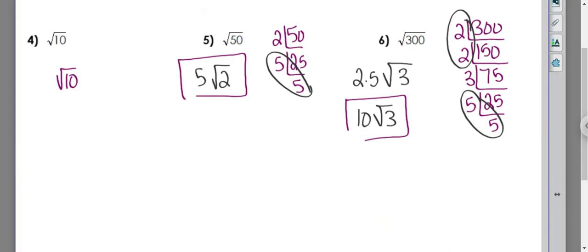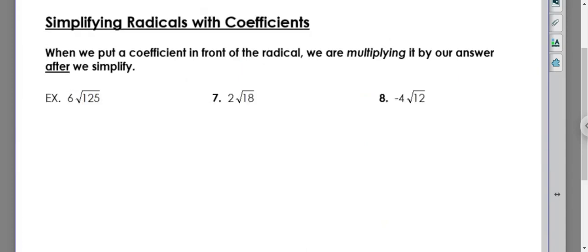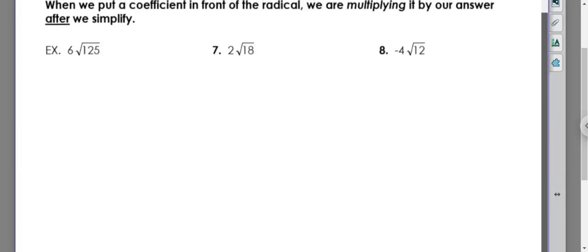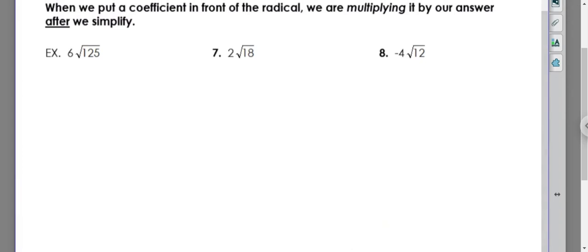Okay, so the next part, if there's something already outside the radical, that still isn't going to change how we simplify the radical. Okay? So we're still going to break down 125. I can divide that by 5.